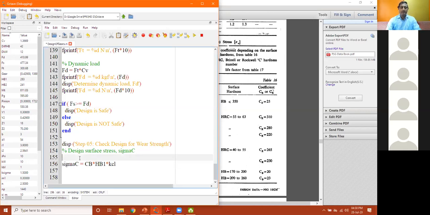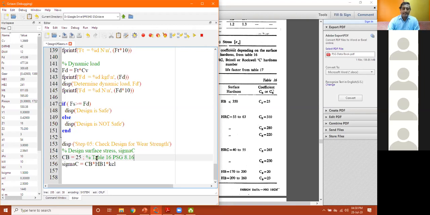Just now I explained that the magnitude of Cb is equal to 25 from table number 16, PSG 8.16.